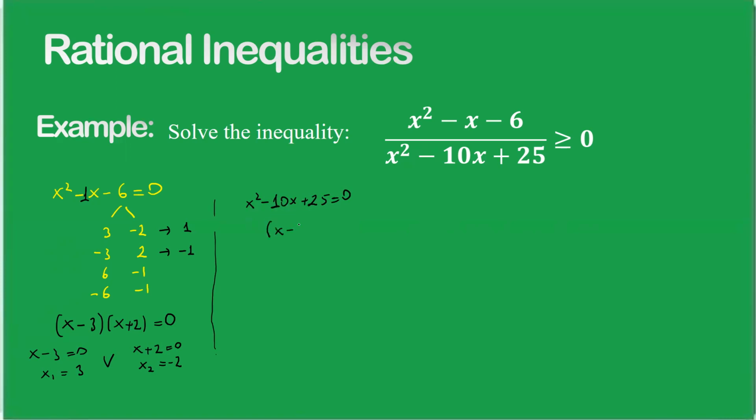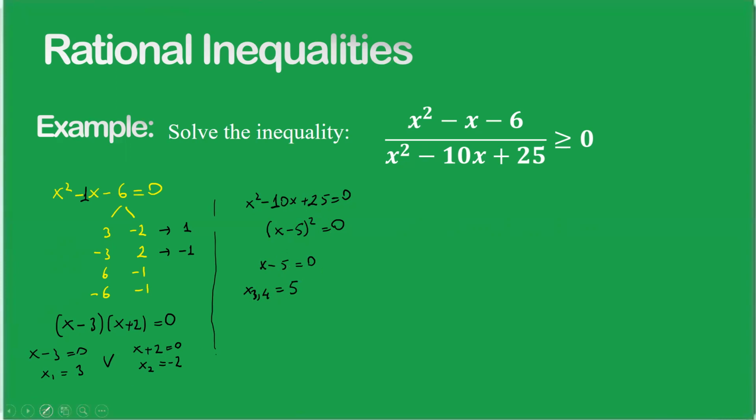So it is x minus 5 squared is equal to 0. Then there is a double root, careful. So x minus 5 is 0. Because we have a double root here, just 5.